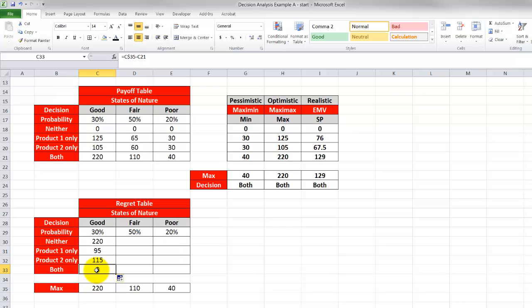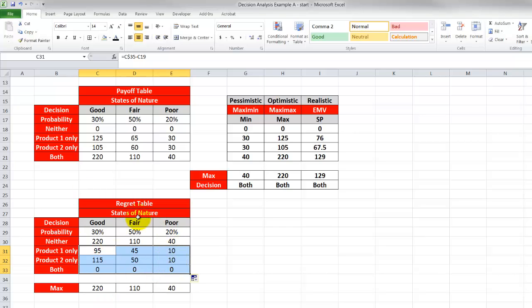We definitely expect this because if we happen to choose both, and both is the best option in terms of the max, then the difference there is 0. Let's fill these to the right. You can double check the calculations there. Always a good idea to do so to make sure you're calculating these correctly.